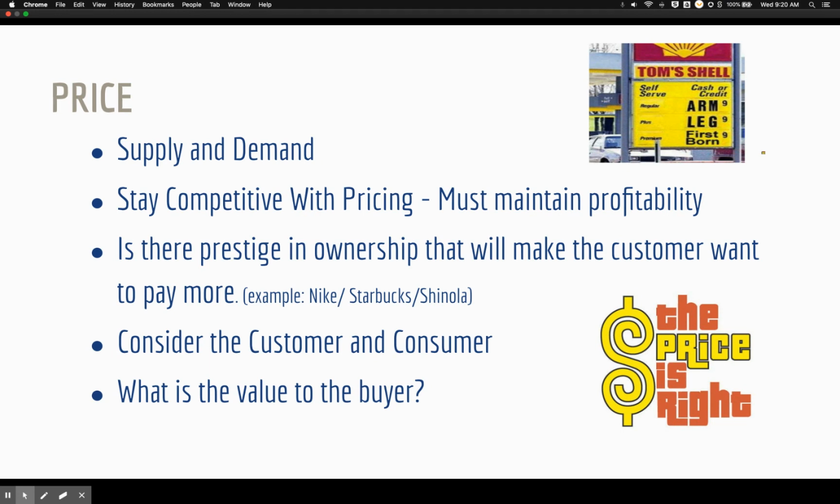The big question that comes is, is there prestige and ownership that will make the customer want to pay more? So brands like Nike and Starbucks and the Shinola brand that we looked at, where I could probably get a very similar product, but it doesn't have that brand recognition. It doesn't have the logo. But again, we have to tie it back to our target market.